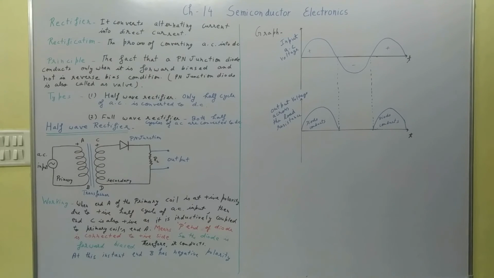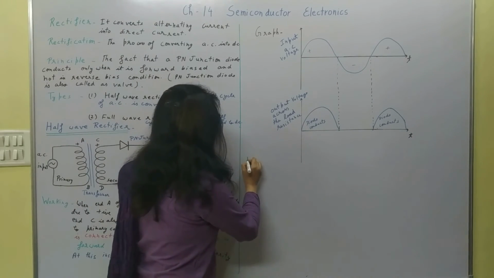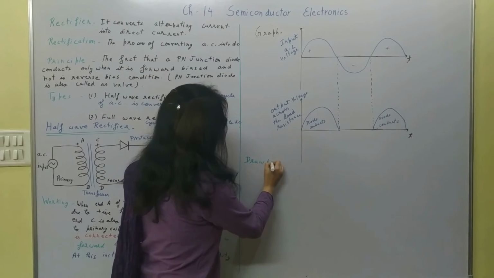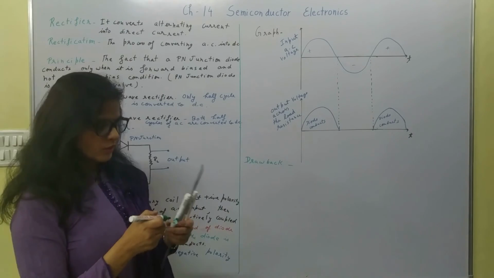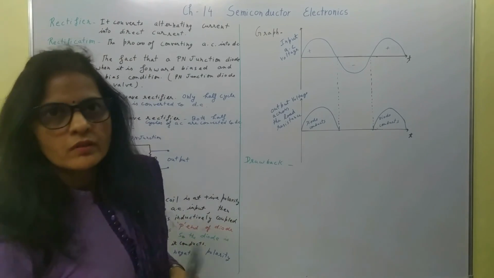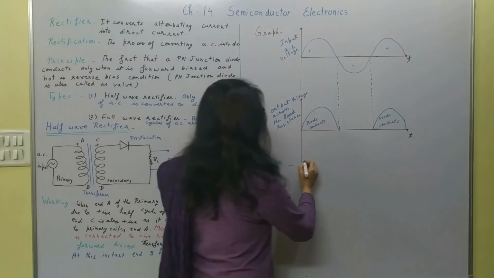Now what is the drawback? The major drawback which half wave rectifiers have is that it conducts only during the positive half cycle when the diode is forward biased.